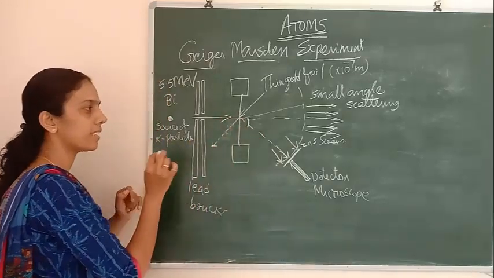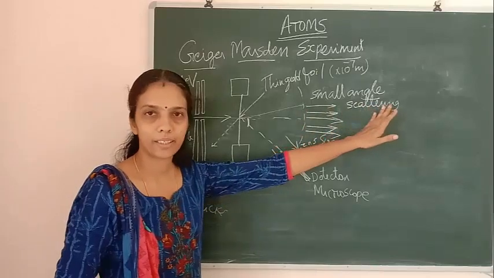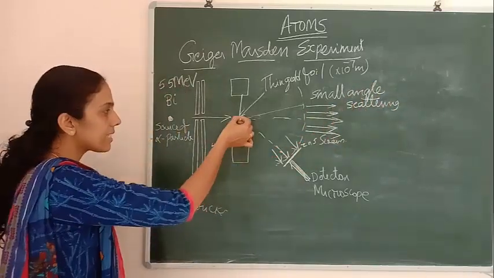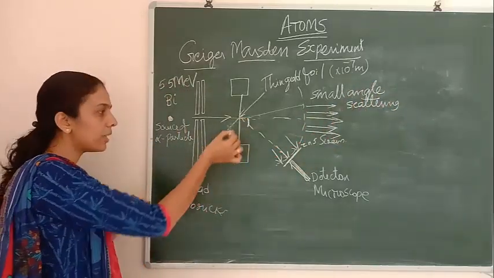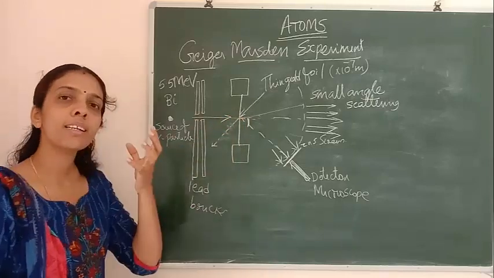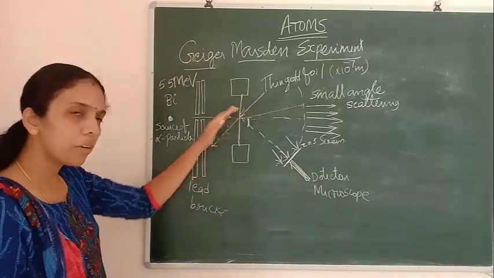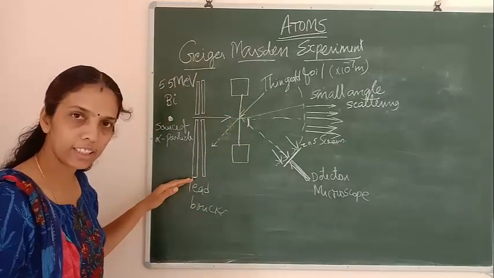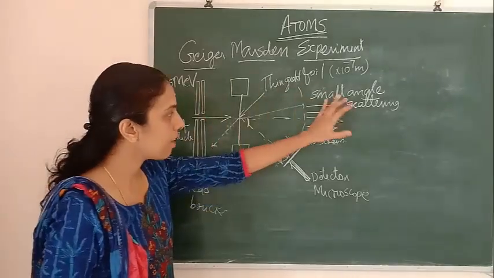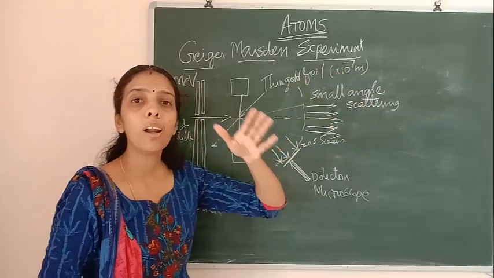And we can see at some points we are not getting any alpha particles. That means they are getting reflected back, so it is coming this side also. On this side also we are getting some alpha particles. That means some of the alpha particles are getting reflected back, and most of the alpha particles come out at a small angle.